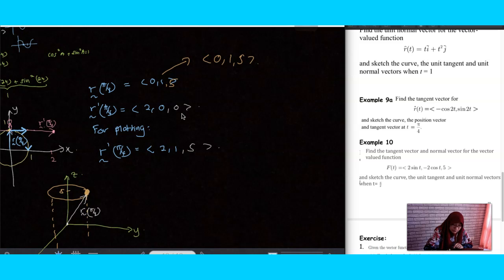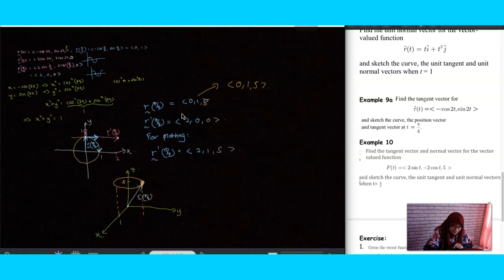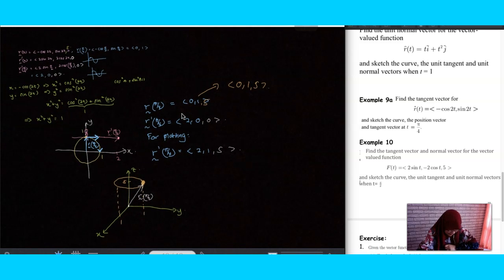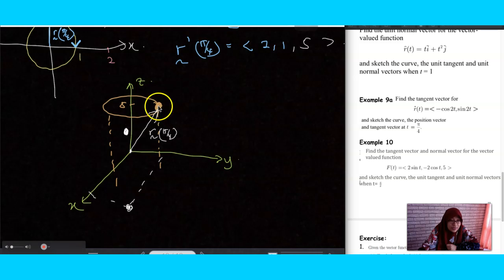So where is 2, 1, 5? Let's say this is x, so that one, and then 5. So maybe here. Remember this is 3D. So this is on the plane z equal to 5.